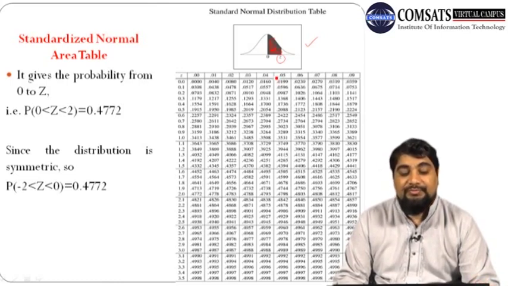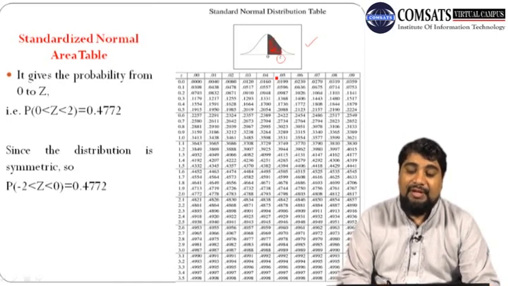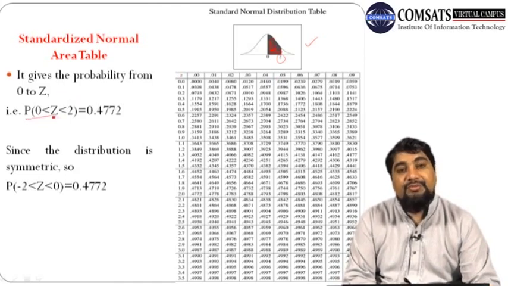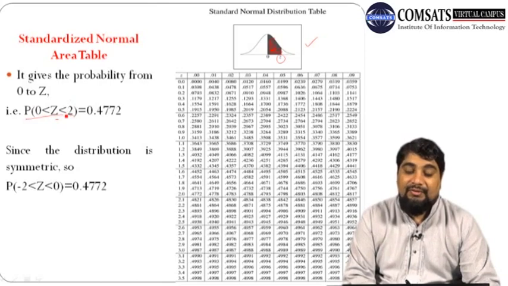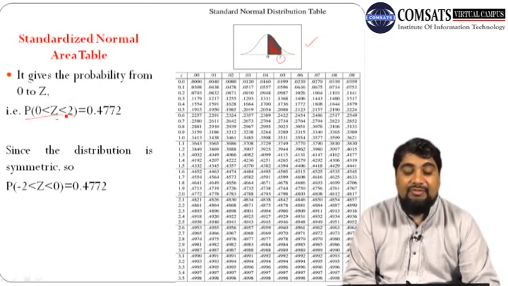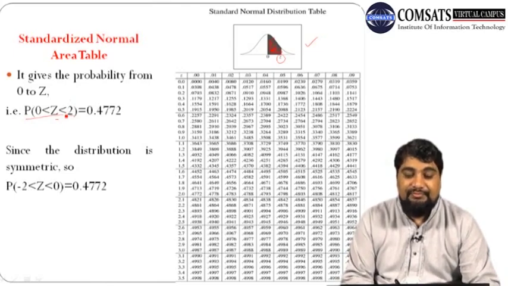So suppose we want to calculate the probability between 0 and 2. So the probability that 0 is less than z, which is less than 2. In order to calculate the area from 0 to 2, let us draw the normal distribution.